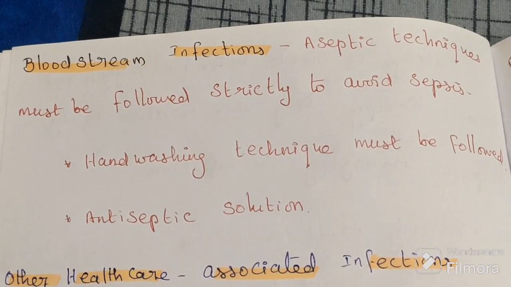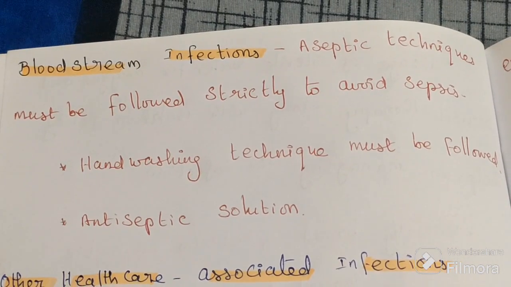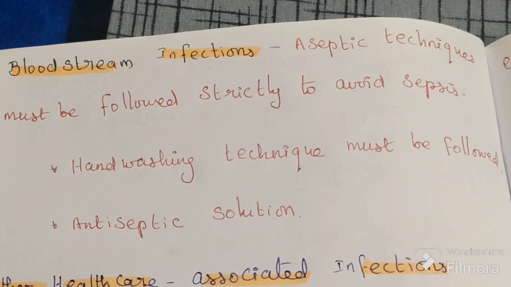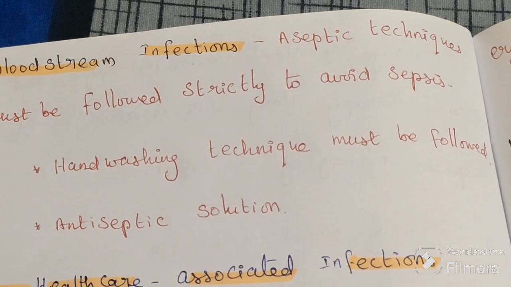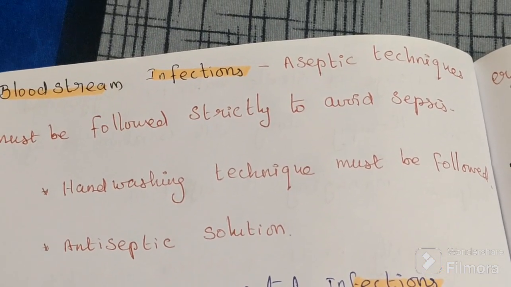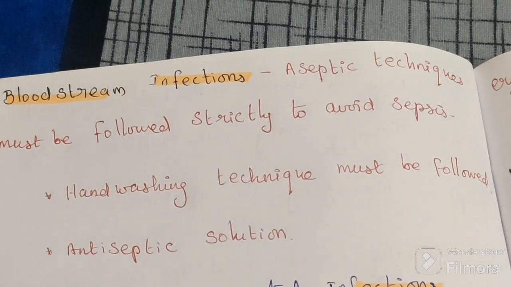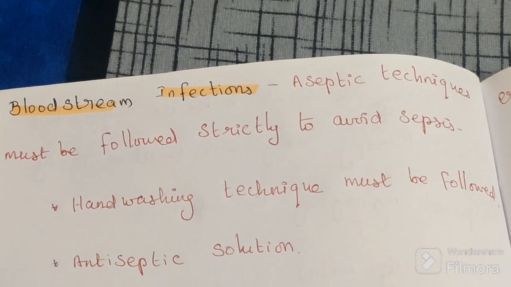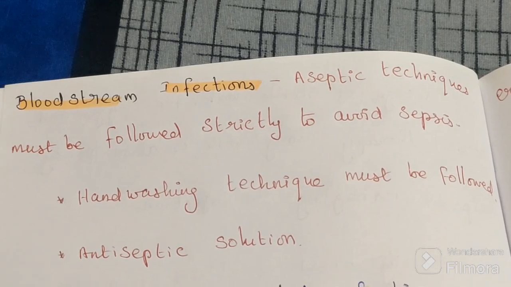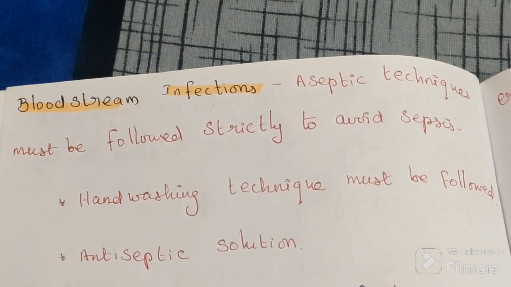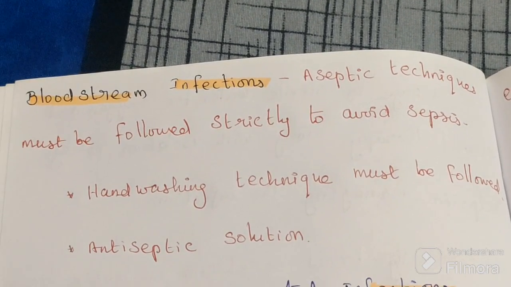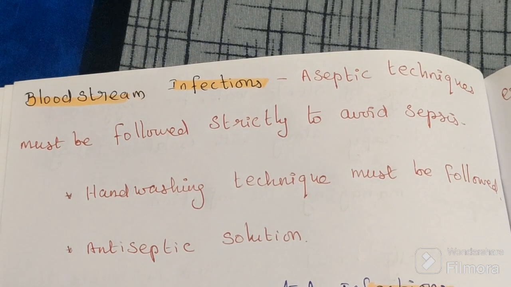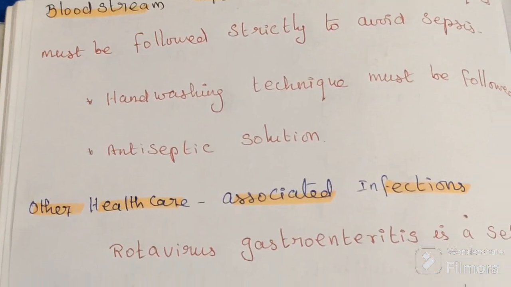If there is local infection, the catheter should be removed immediately. Surgical asepsis rules must be followed by healthcare providers. Using an antibiotic coated catheter for short term use is helpful.